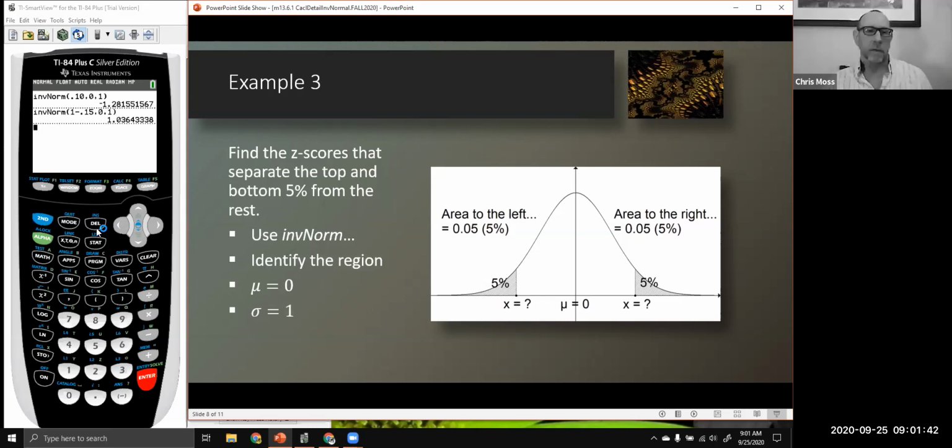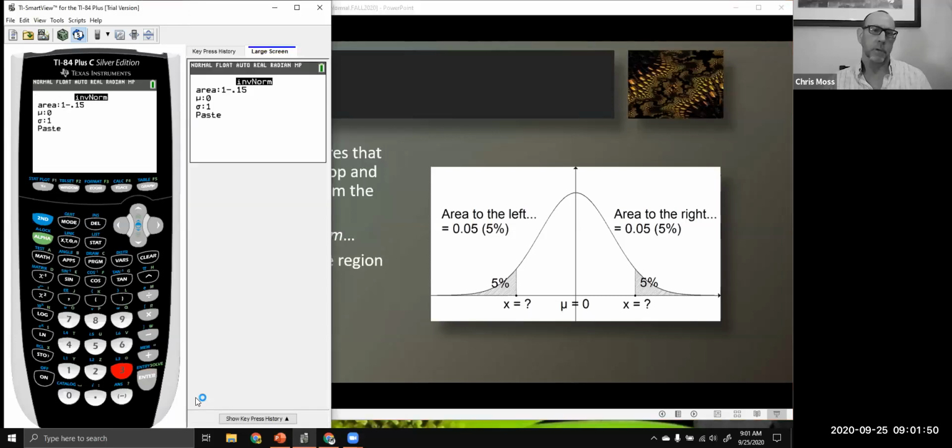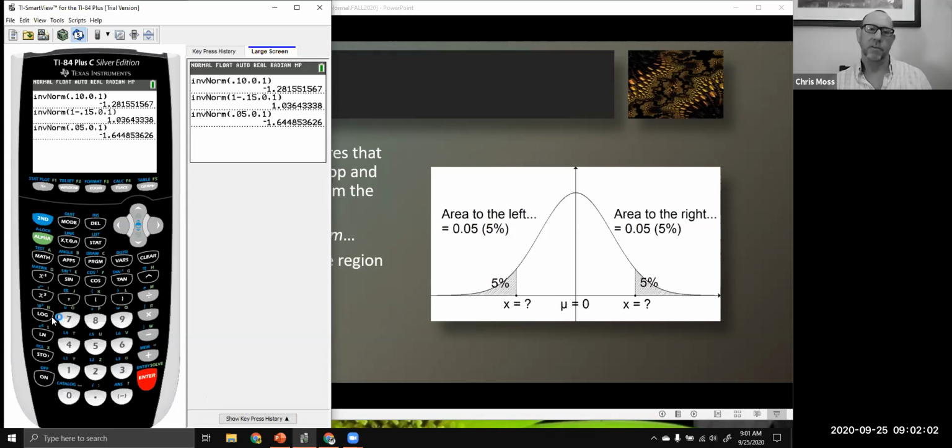So if I come over to my calculator, I'll plug in 0.05 for that 5% over there, on the 0 and 1 go in, goes the paste, and I get a negative 1.645. If I round that to 3 decimal places, the 8 makes the 4 into a 5.